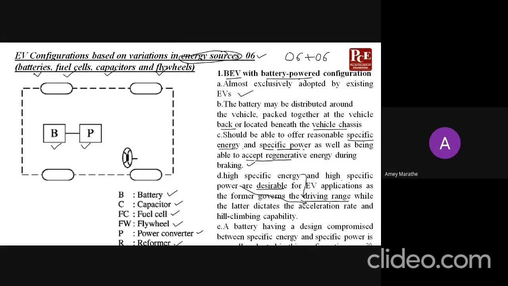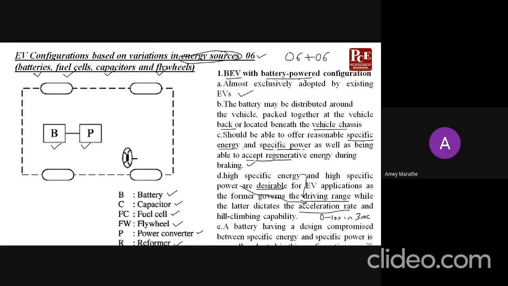And whatever specific power your battery provides you, that will dictate how much acceleration you can achieve or how much hill climbing capability you can achieve. So if you see any electric vehicle specification, they will always tell you 0 to 100 in 3 seconds.